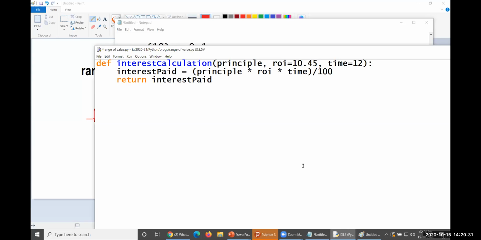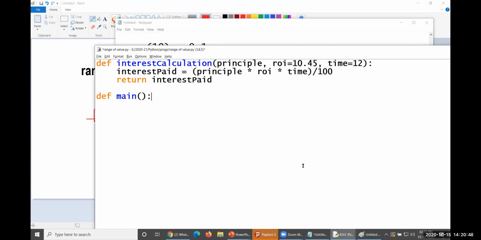Now, I'd like to consider main program, def main. This main program we have already taken. Main program does not take any kind of parameters and does not return any value. Please remember this particular point.